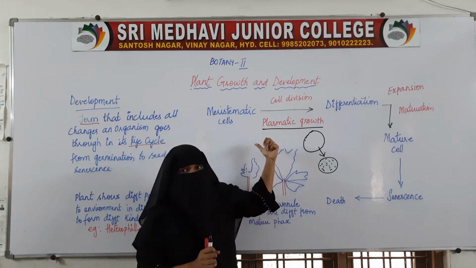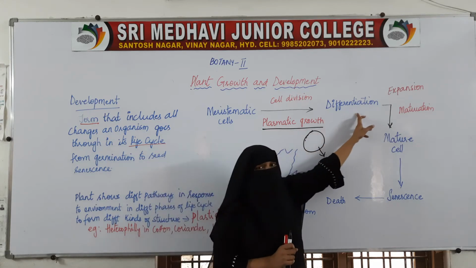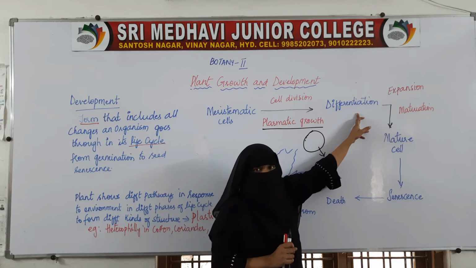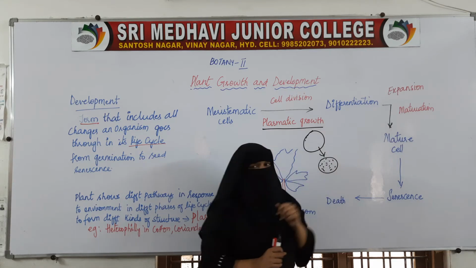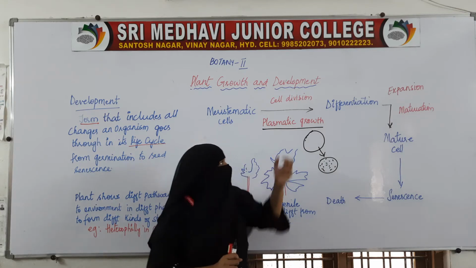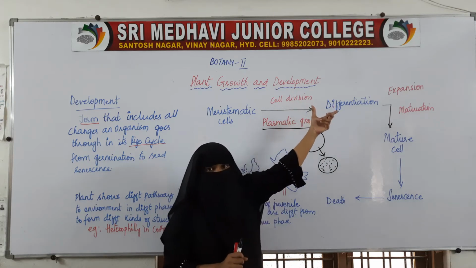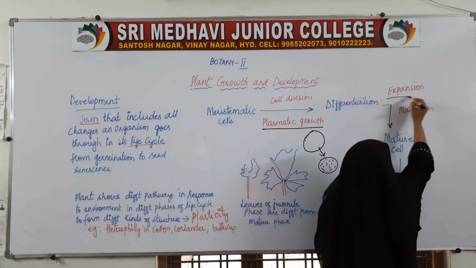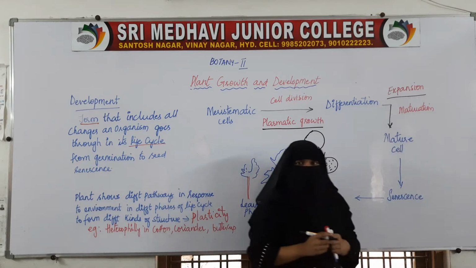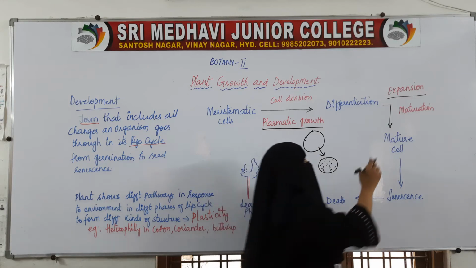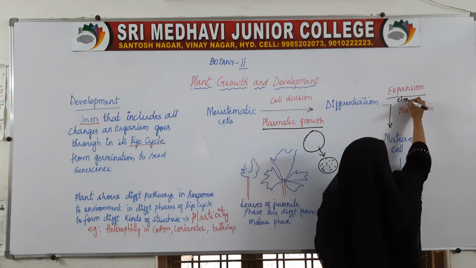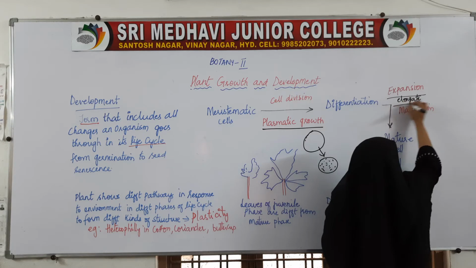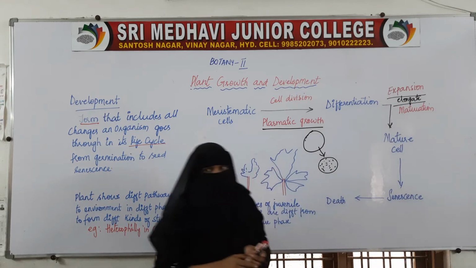Then that mass of cells will be differentiated. So in this process of differentiation, what happens? The newly formed cells will undergo the process of expansion. That is, the cells will elongate.